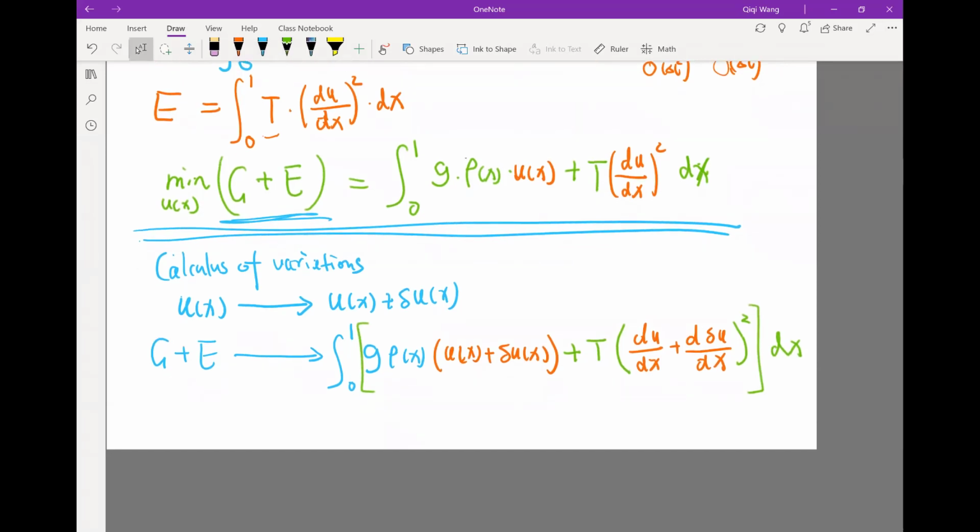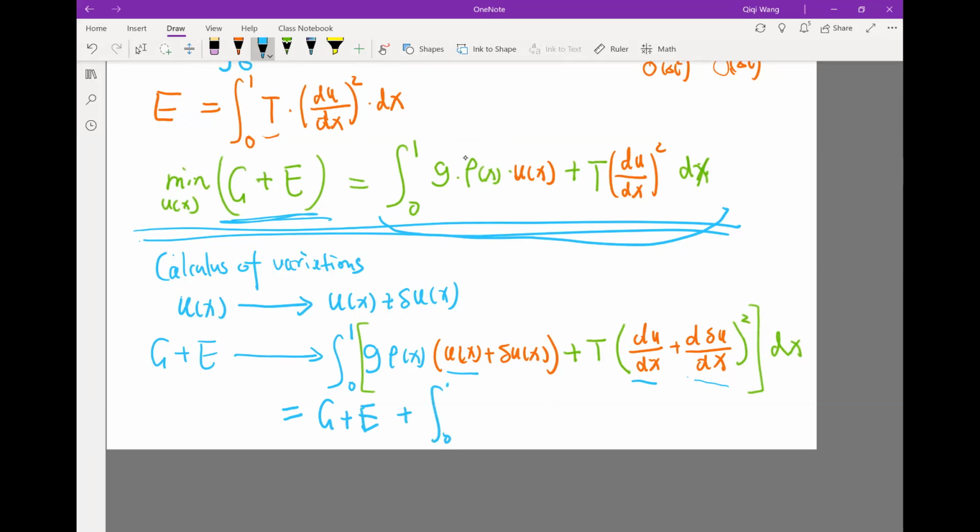All right, so now is the time to ignore the square of this infinitesimal perturbation, because if the perturbation is infinitesimal, then the square of this infinitesimal perturbation is infinitesimal squared, and that can be ignored. So this is equal to what? Because we already have this term, this term and this term squared can come out to be my g plus e, and then we only need to track the perturbation.